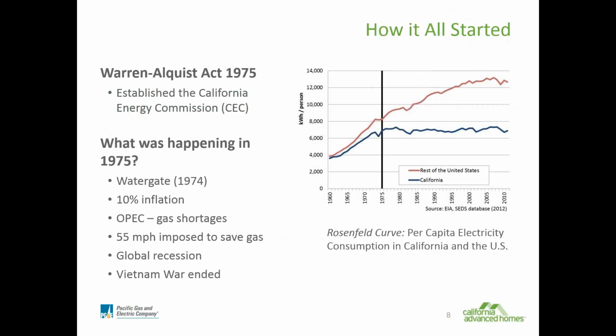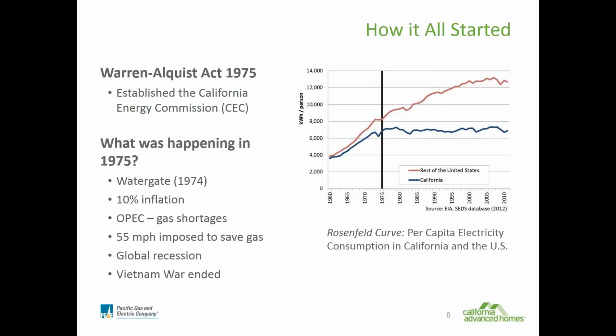The CEC was established about 1975, and the first code went into effect in 78. But when it was established in 1975, it was a fairly tumultuous time in the United States socioeconomically. A lot of fear about oil and gas shortages, OPEC embargoes. There was a lot going on, and that was some of the cauldron that ended up producing the CEC.